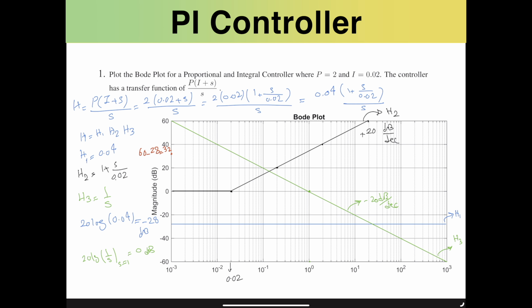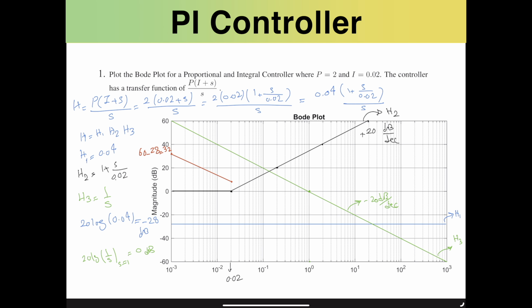So it means that we need to move down all the way to around here. We can always calculate the numbers to be a little bit more accurate, to be that of what happens at this specific frequency, but we can always roughly sketch it, and it wouldn't matter significantly.